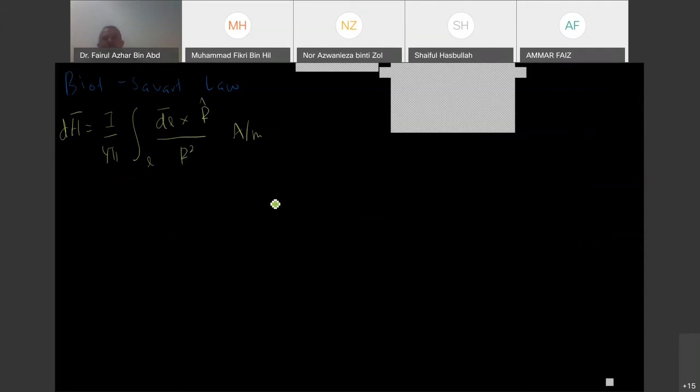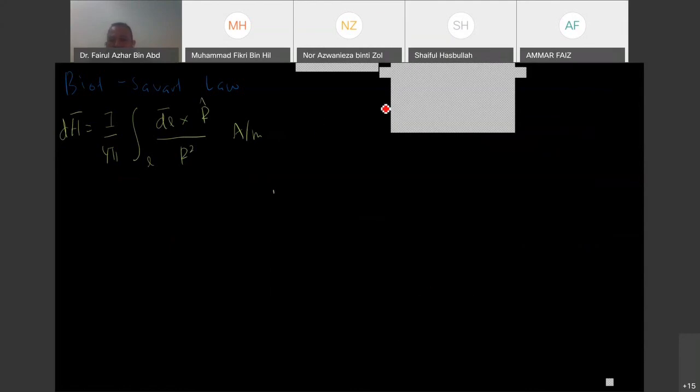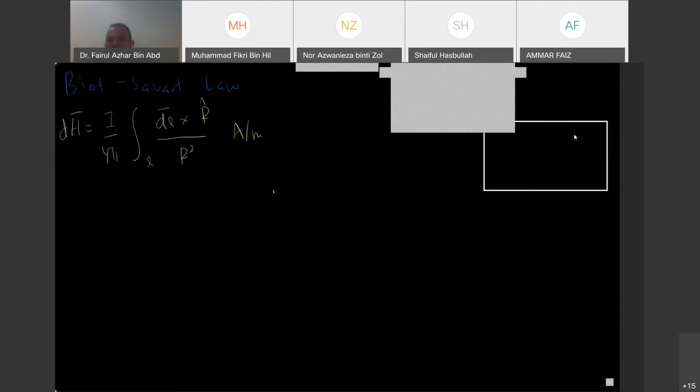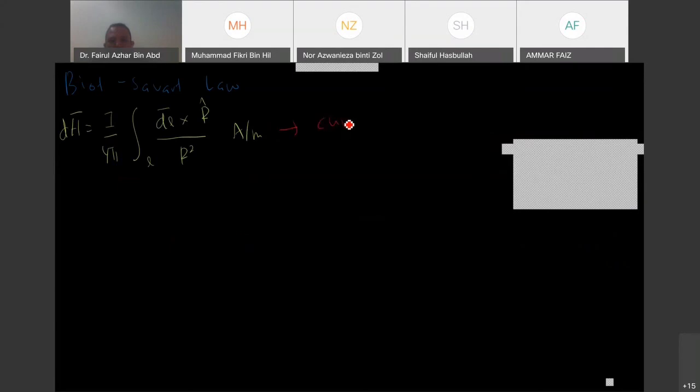Alright, as I mentioned just now, the source for our magnetic field comes from a current. So that's why we have the expression of I here.